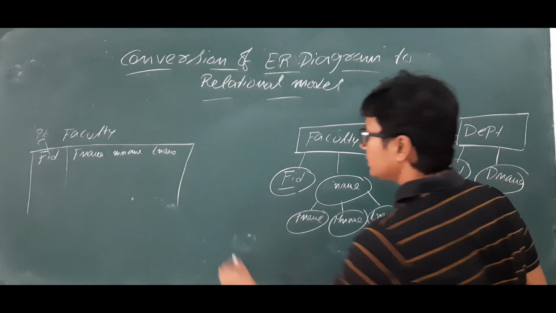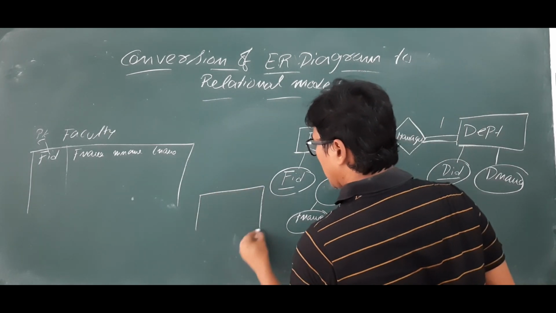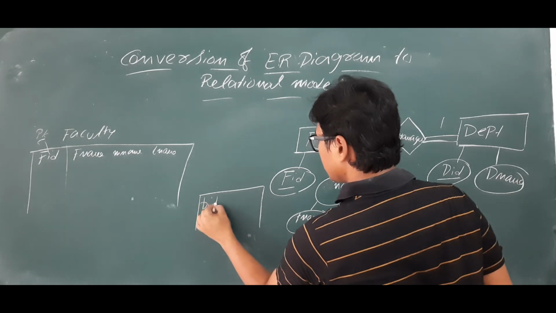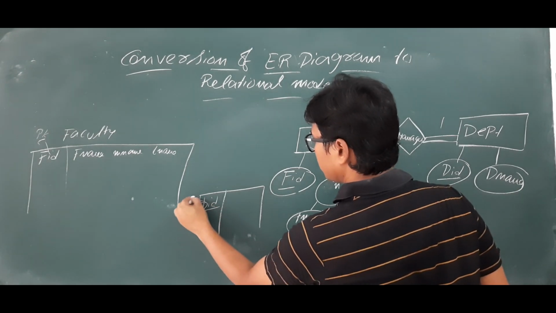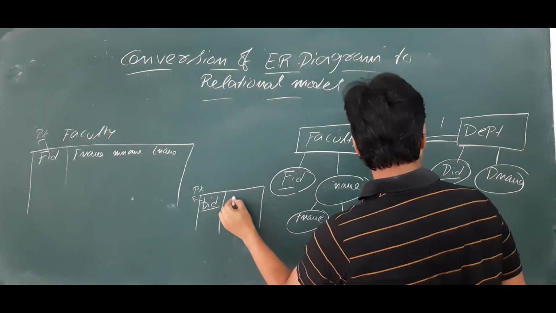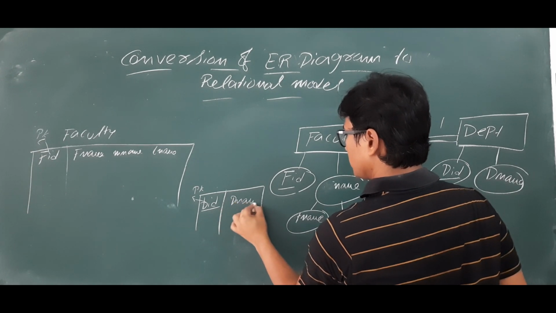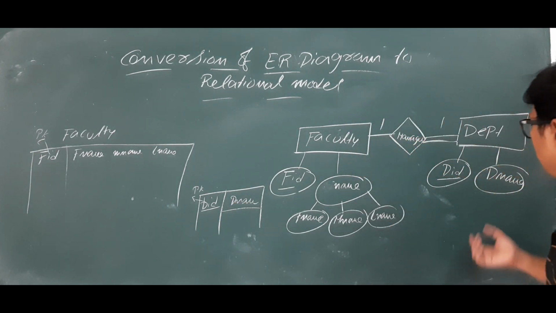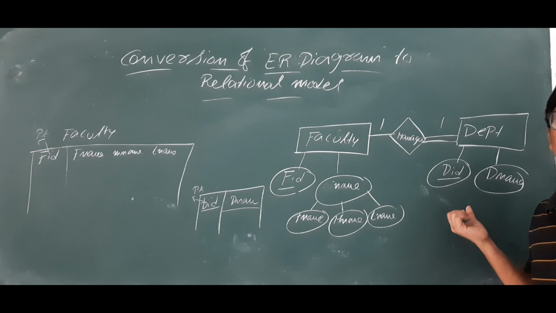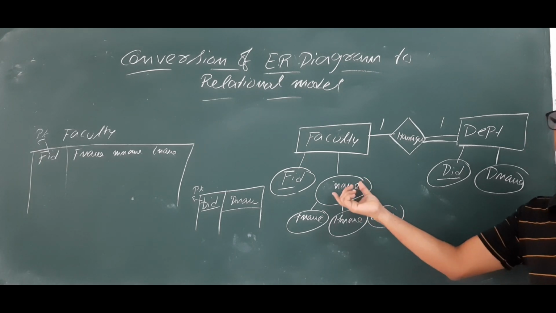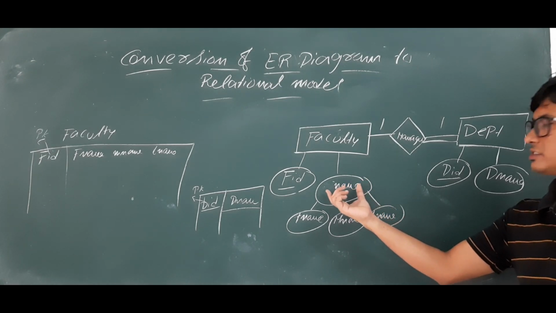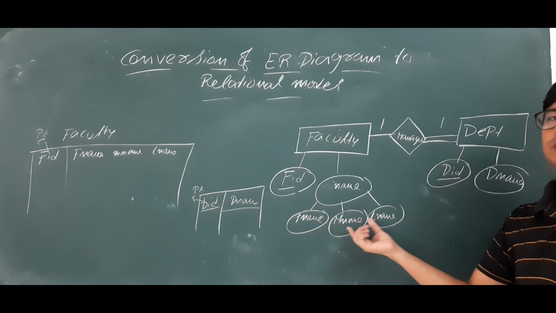And the department has two attributes called department ID, which will act as a primary key here, and a department name. Then you can ask me, sir, why have you taken the department name as a simple attribute? Why not a composite attribute? When it comes to the faculty, you have taken the faculty name as first name, middle name, last name.